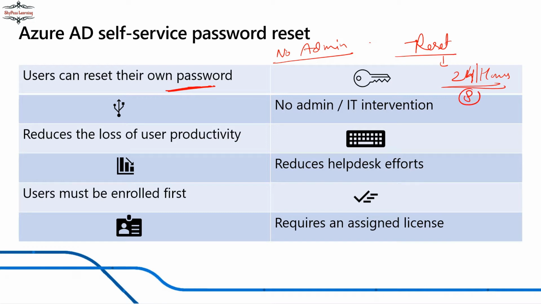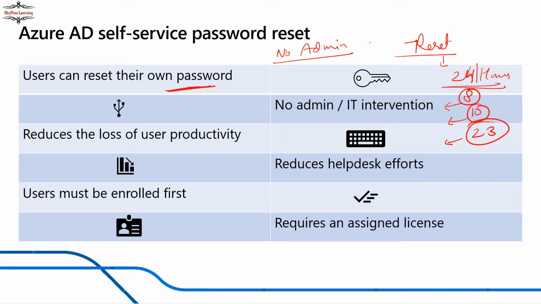Maybe the ticket gets resolved or addressed within 8 hours, 10 hours, or it can go up to 23 hours. So in such situations, the user will lose these productive hours. Like, I need to stay idle until my password gets reset.